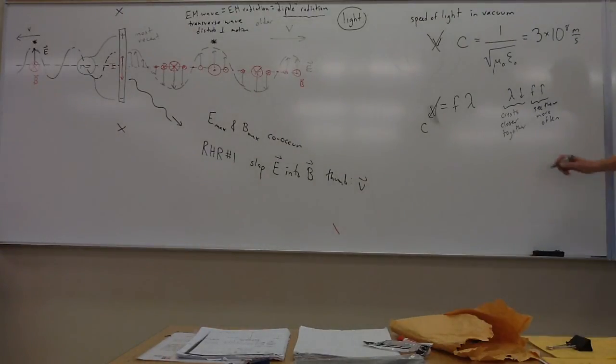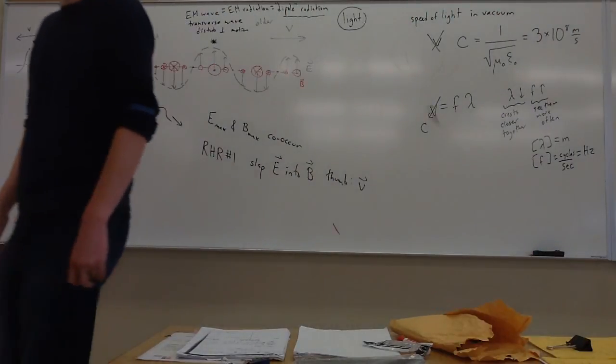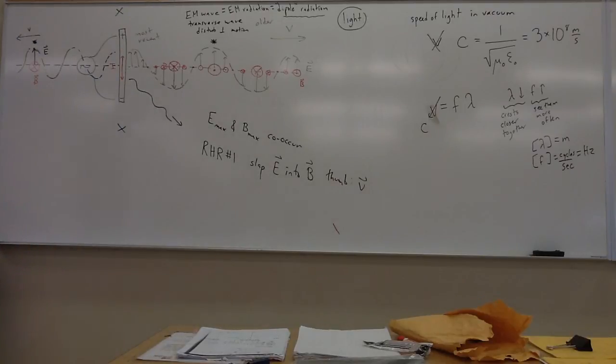And let me remind you of our units here. Of course, wavelength is measured in meters, and frequency is measured in cycles per second, which is also known as a hertz. Okay? And cycles is not a real unit, so hertz is just another name for an inverse second. Okay?